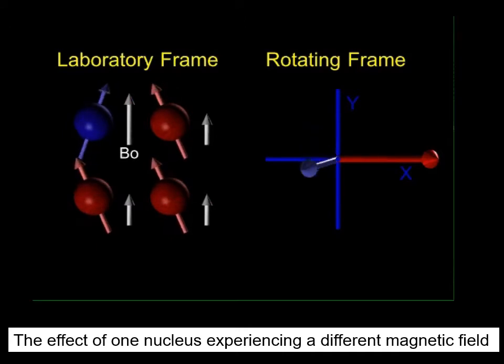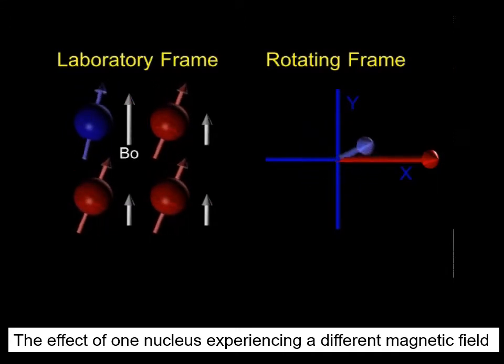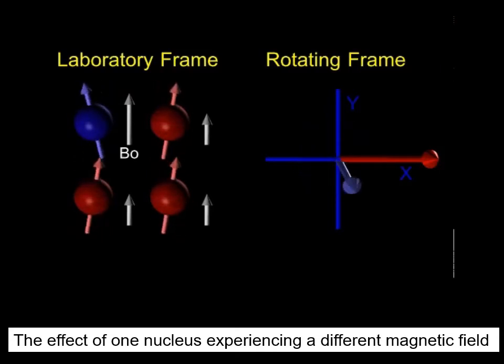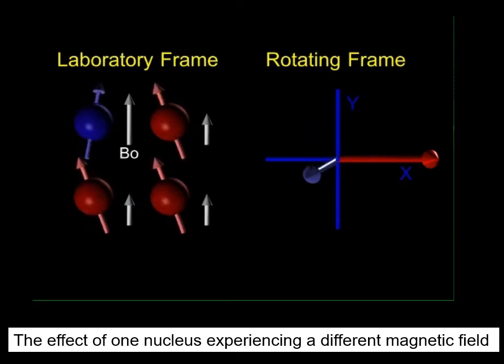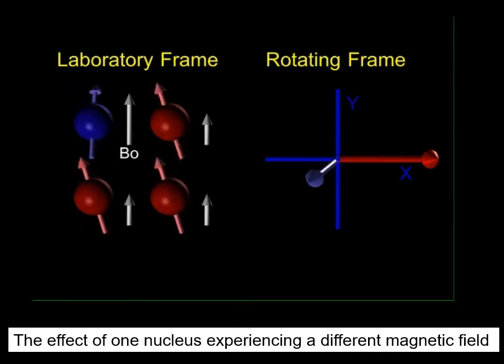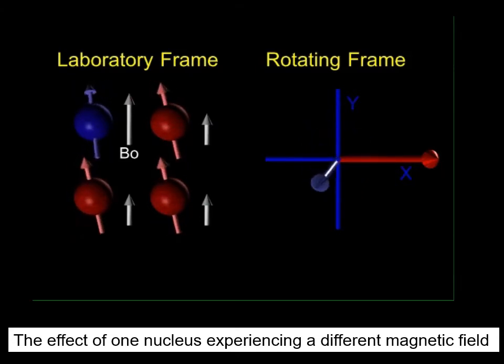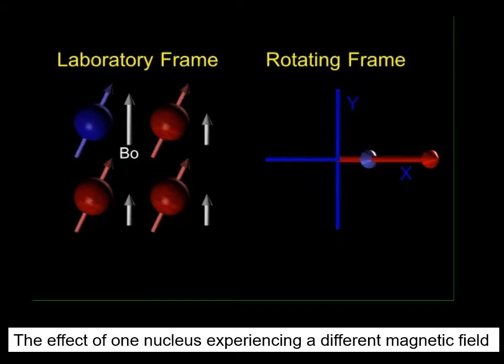At certain points of time, the vector is now out of phase, in phase, out of phase, in phase. It will be subtractive, additive, subtractive, additive, subtractive, additive. And as this goes on, the signal that's detected from such systems will go up and down as these vectors go in and out of phase with respect to one another.